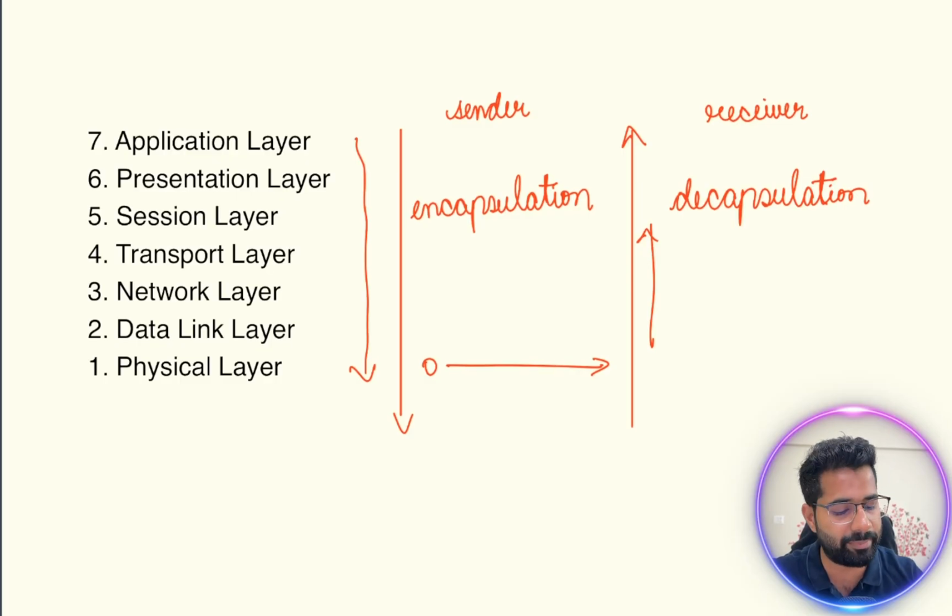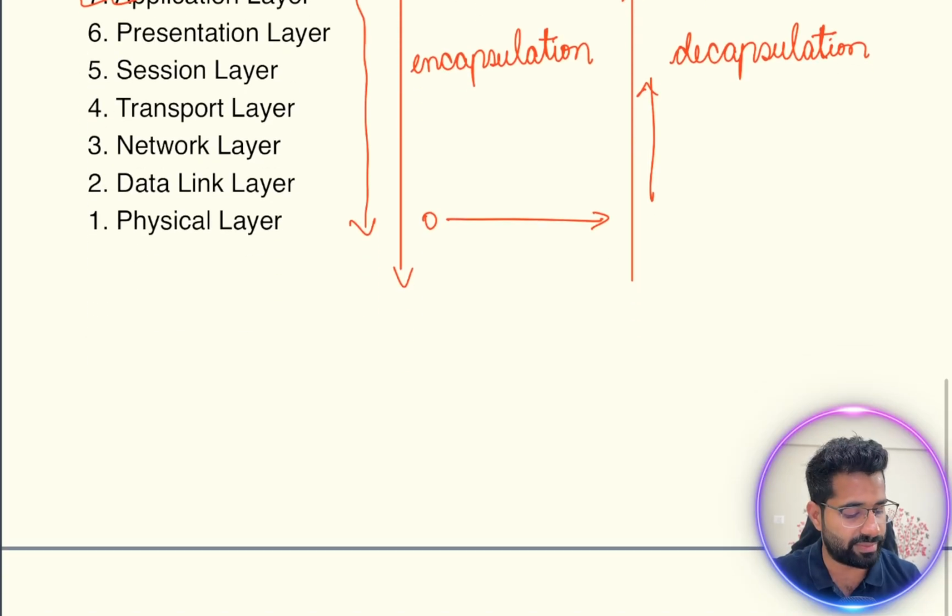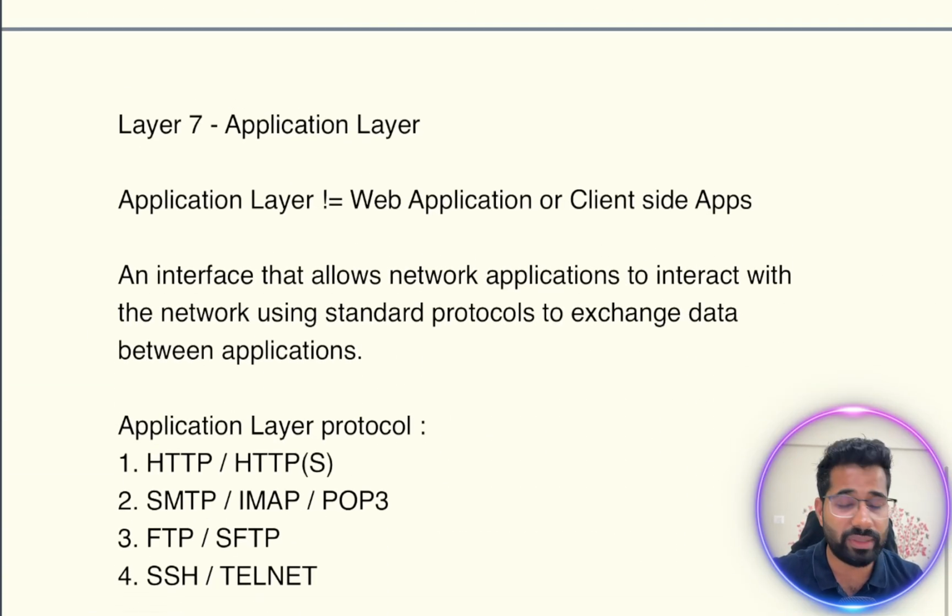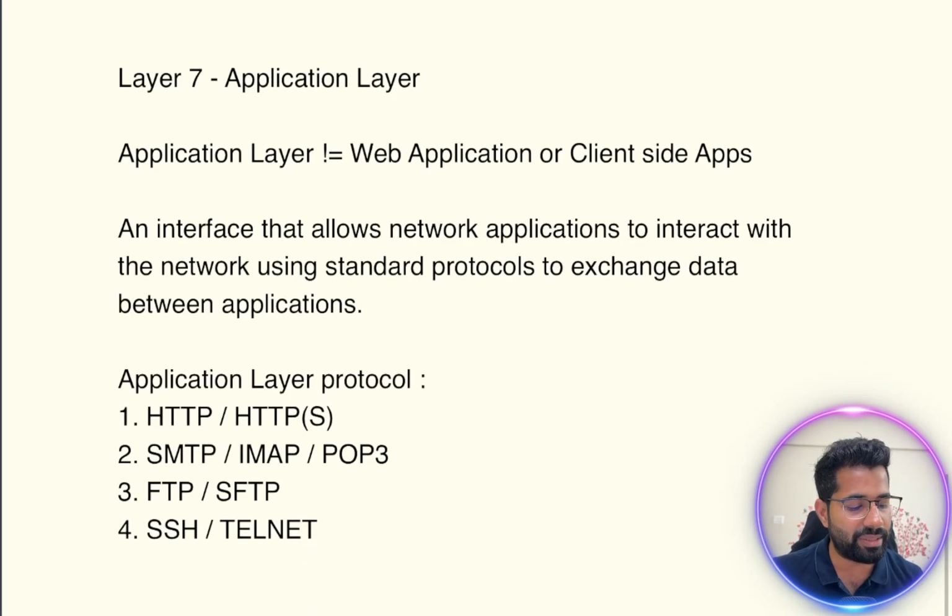So let's deep dive into the application layer and see how it works and what it does. The application layer consists of a set of protocols, and the network applications that we have, which are basically your web browser, like Firefox or Chrome, or client-side applications such as WhatsApp or Skype, or web apps that run on these browsers.